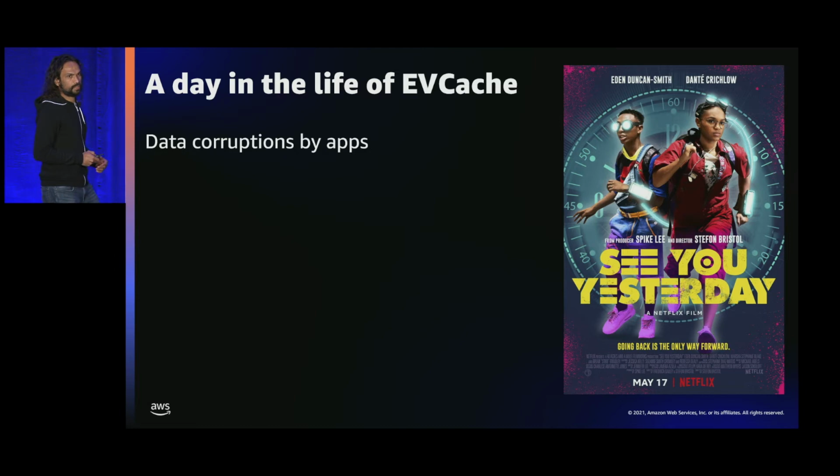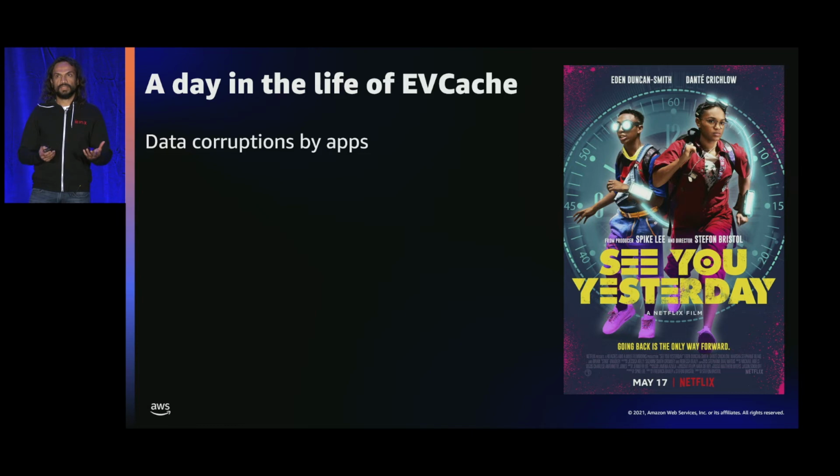Some of the EVCache clusters are used as data stores, as I mentioned before. The backend batch jobs push data, and the online applications read data from the stores. Sometimes there are bugs in these applications that could corrupt data that is loaded to EVCache.